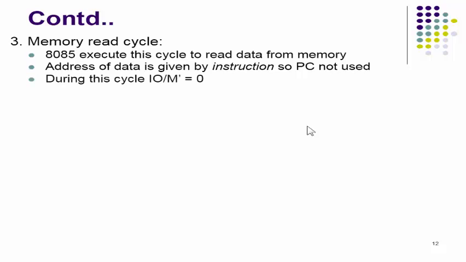In the operand field you will find the 16-bit address of the memory location. So the instruction will give the information about the data which is available in the memory. During this particular cycle, the signal IO/M bar is made 0 by 8085.